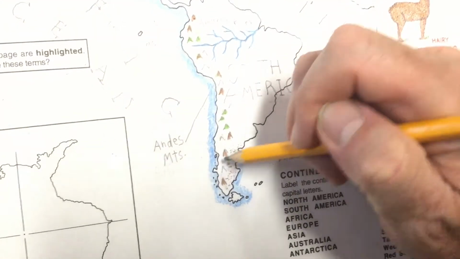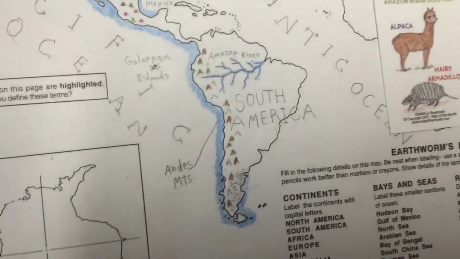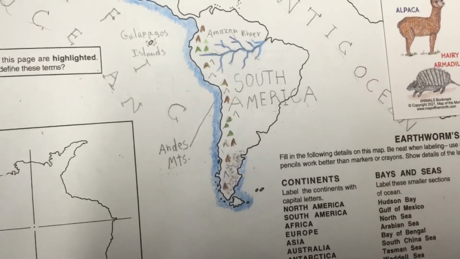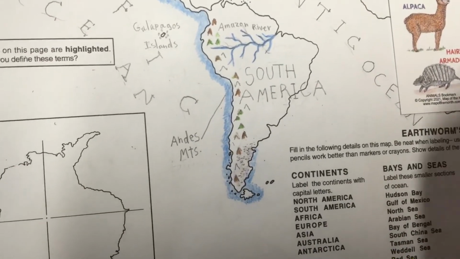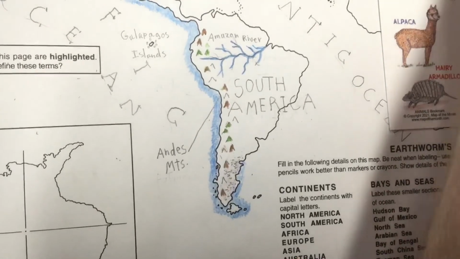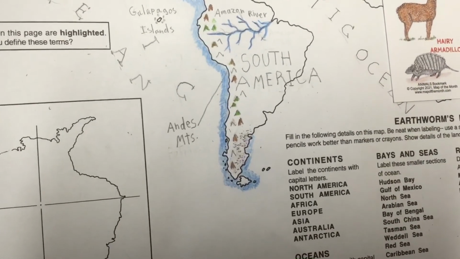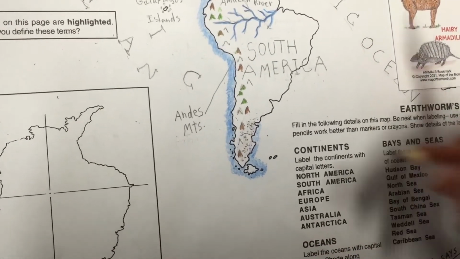Okay, like we said, a desert is a very dry area, very little precipitation. But I think the Patagonian desert is kind of a cooler desert as opposed to a hot desert like the Sahara. We can use a little bit of light brown.